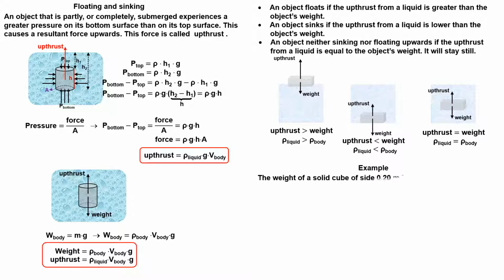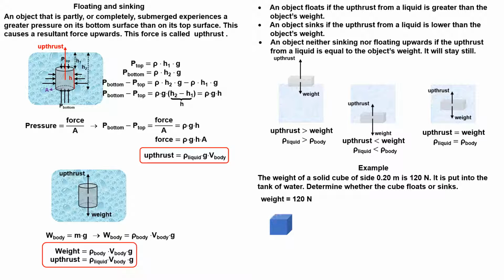Example: the weight of a solid cube of side 0.2 meters is 120 newtons. It's put into the tank of water. Determine whether the cube floats or sinks. We have the weight. We should calculate the volume of the cube.